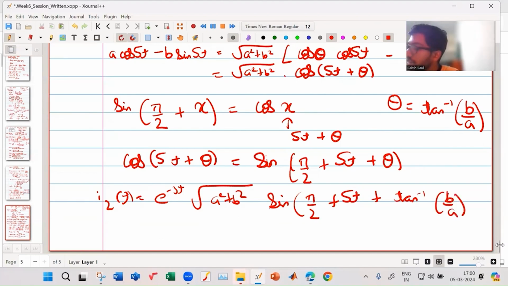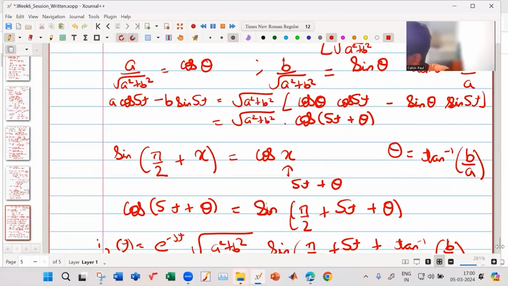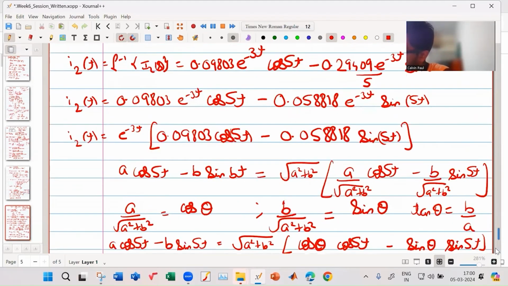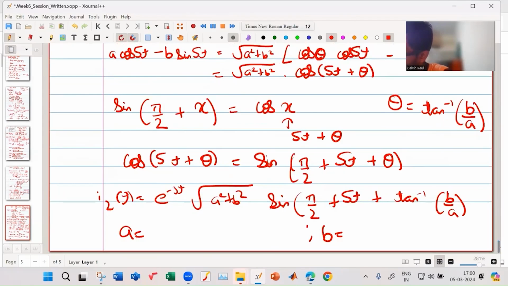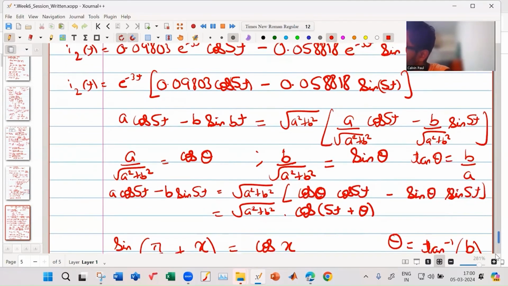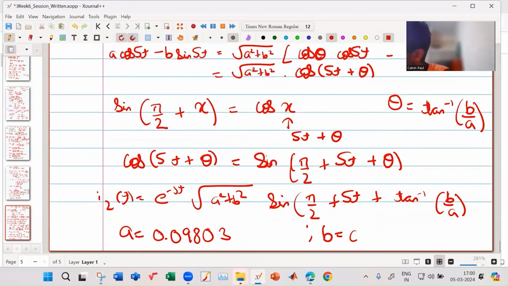So now what is my a and what is my b? My a is equal to 0.09803 and my b is equal to 0.058818.